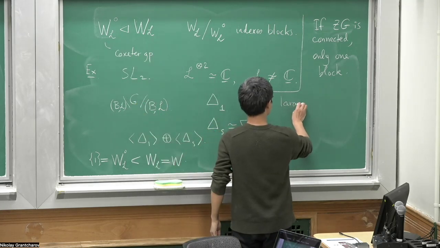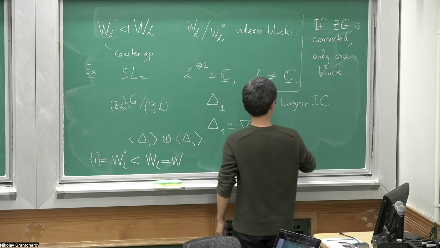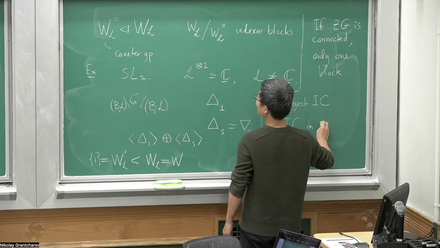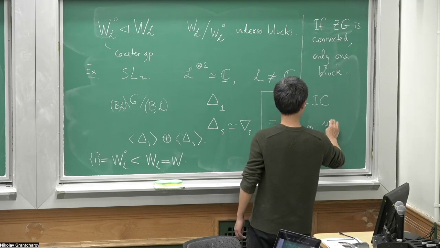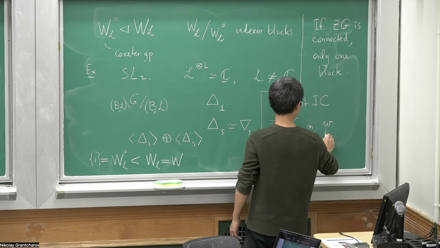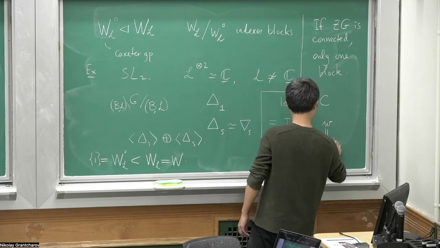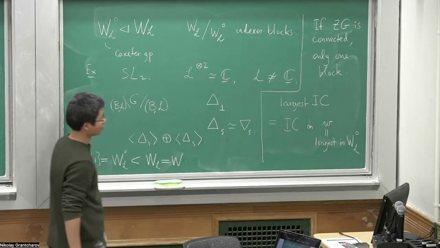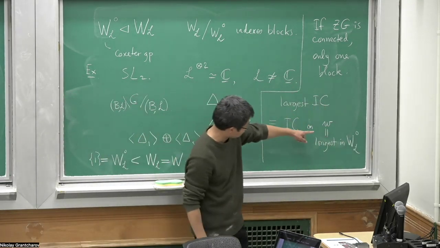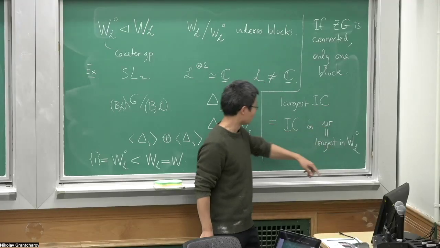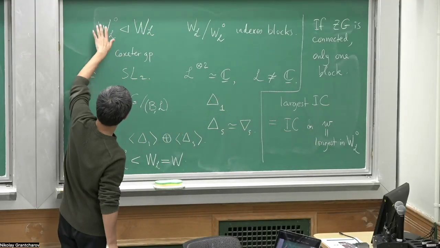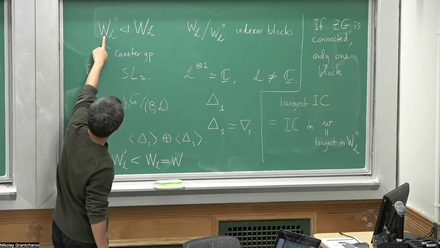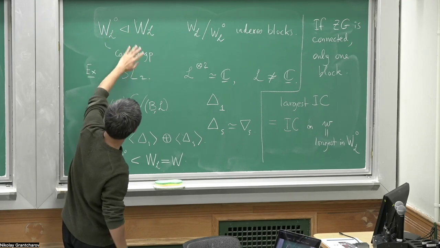So the largest IC sheaf is the IC from W, which is the longest element in W_L circle. On that Schubert variety, this carries a canonical set of simple reflections. Simple reflections here are not simple reflections of the original object.